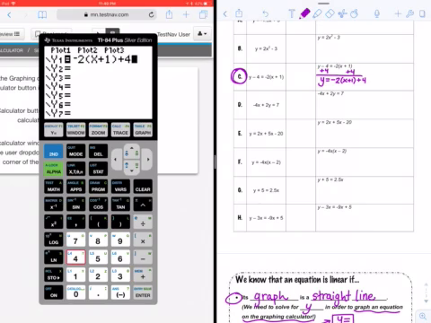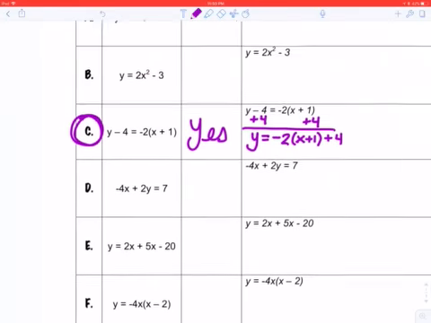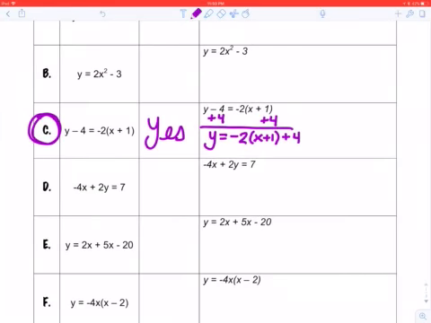And then if I press the graph key, that's the gray key that's farthest to the right, the graph there definitely is a straight line, and that would be evidence that this is a linear equation. So I could write yes for is it linear, and my reason could be that the graph is a straight line.